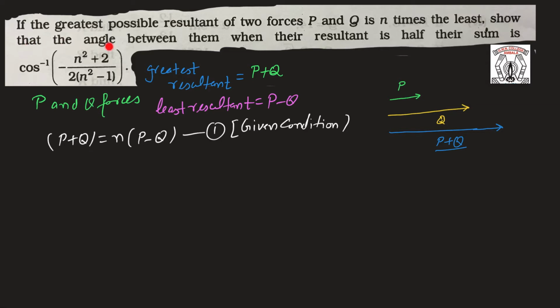Show that the angle between them, say let alpha be the angle between them, is this one when their resultant is half their sum.